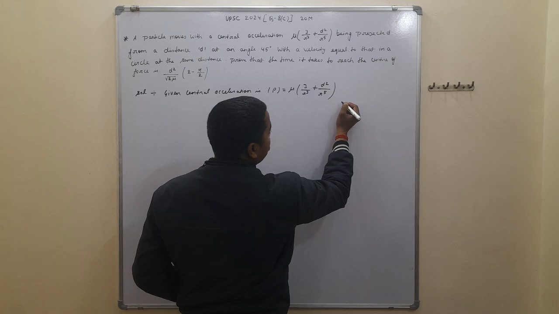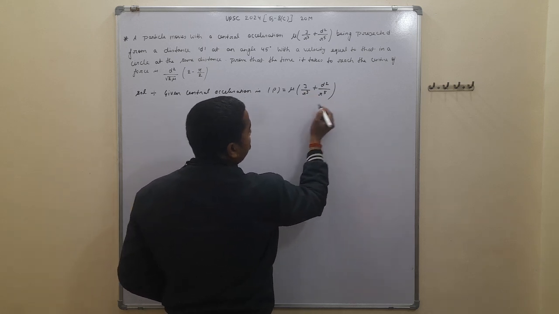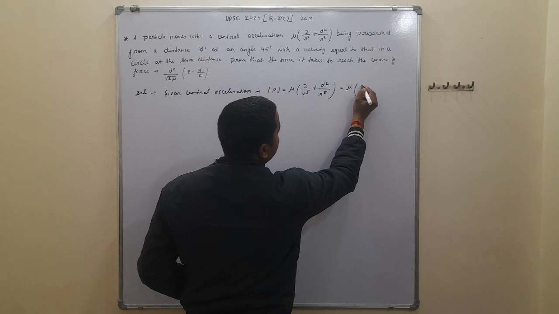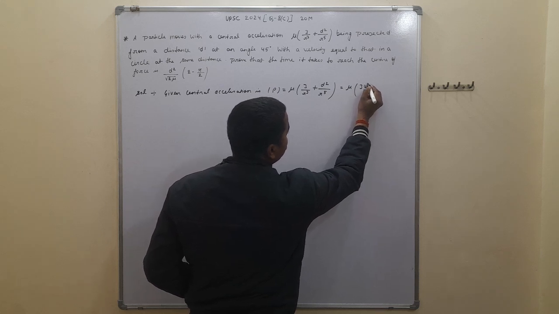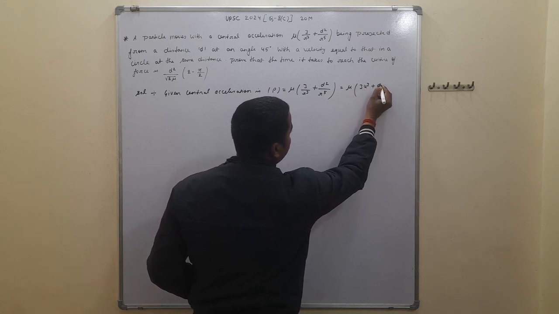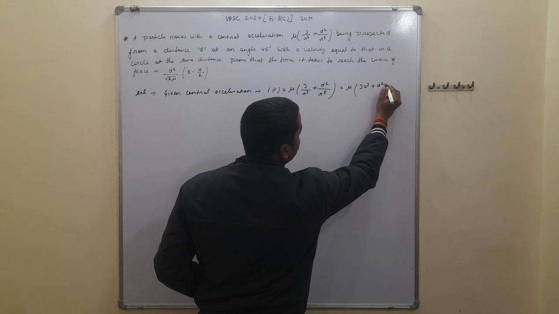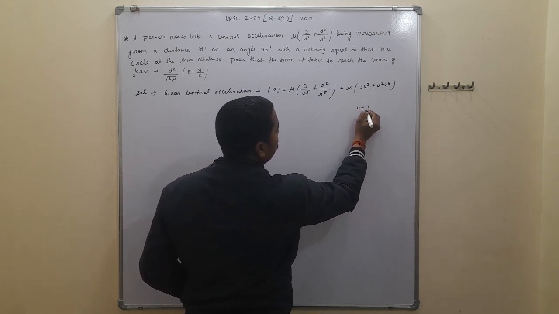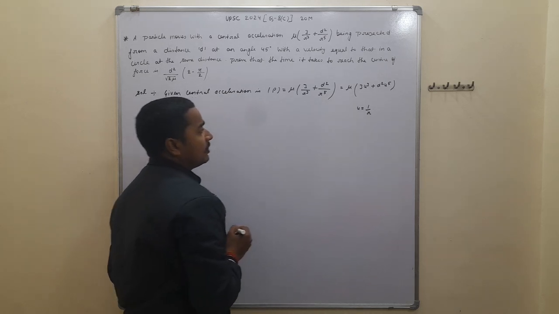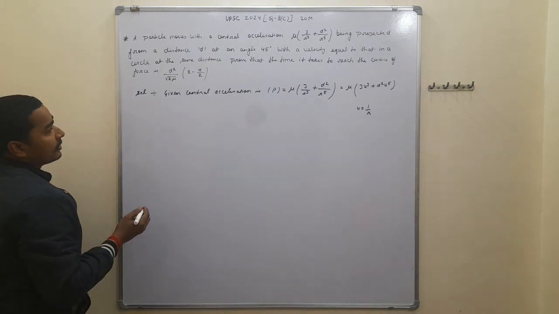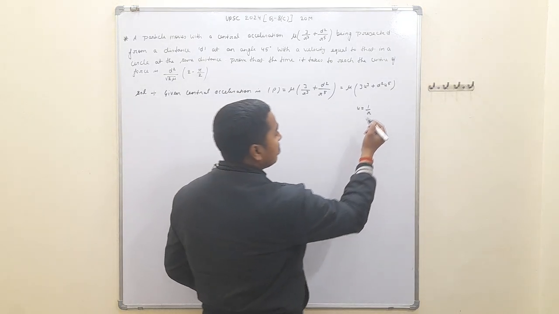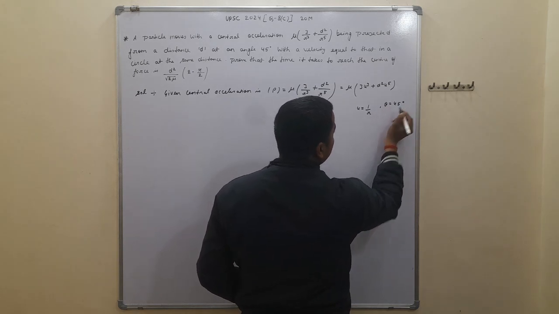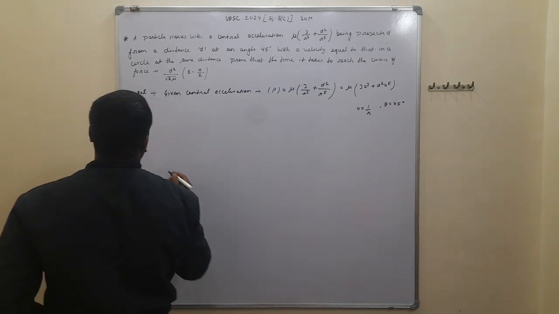We can also write this as mu times of 3u cube plus d square u to the power 5, because u is equal to 1 by r in the central orbit. Further, the angle is given by theta equal to 45 degree.